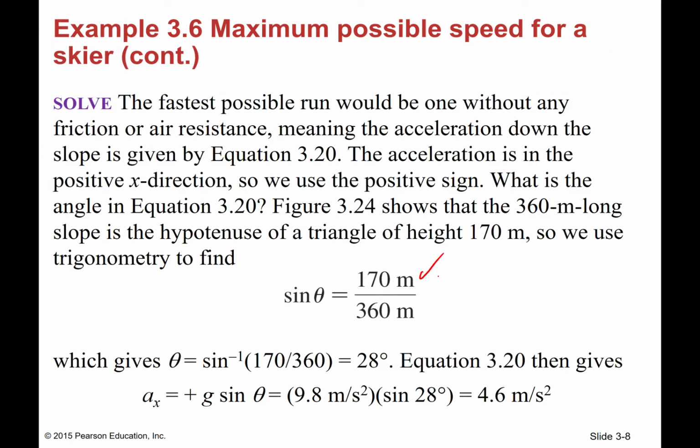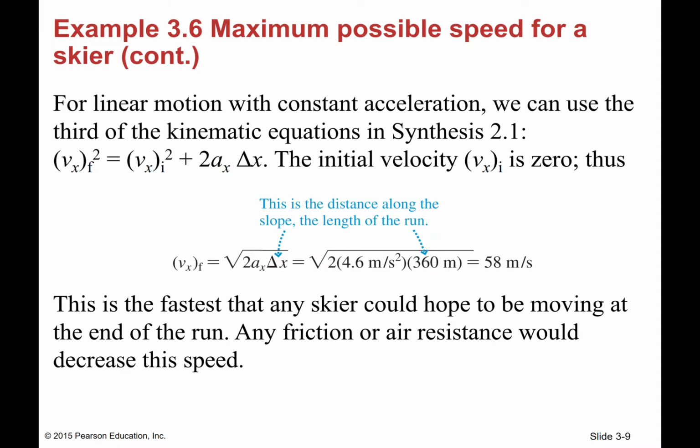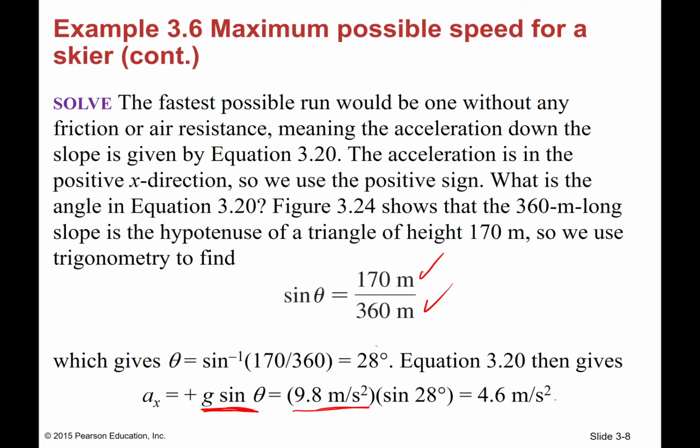So 170 divided by 360 gives me the sine of theta, and that gave me an angle of 28 degrees. So now I need to find the acceleration in x, which is g sine theta from our previous slide. It's 9.8 meters per second squared times the sine of 28 degrees, which is 170 divided by 360, and so that would give me 4.6 meters per second squared. So that's the acceleration in x.